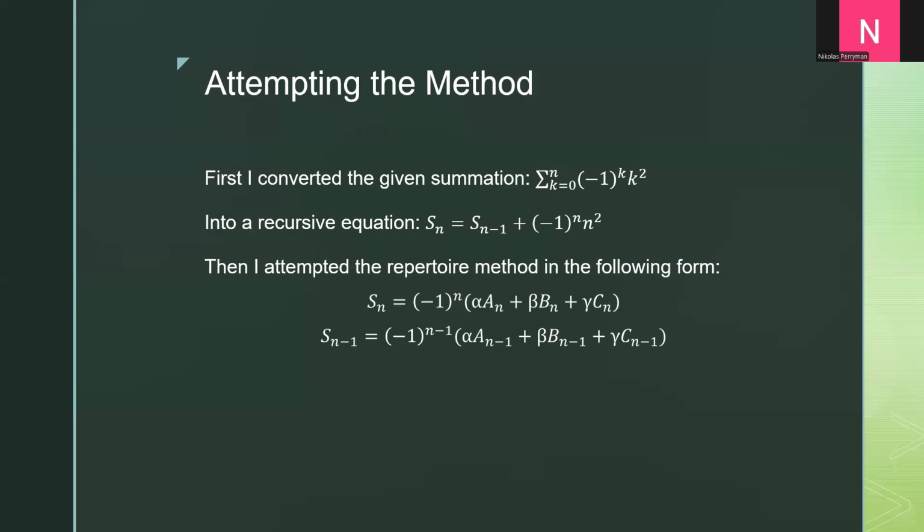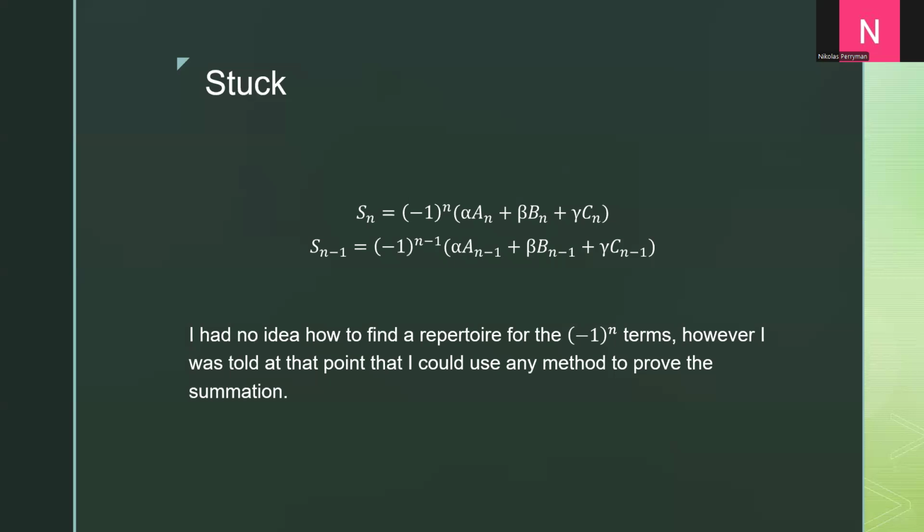And then I tried the repertoire method in the form where it's (-1)^n multiplying alpha a_n plus beta b_n, and gamma c_n, and then also the n-1 terms. And this is where I got stuck because I didn't have a repertoire for (-1)^n terms.